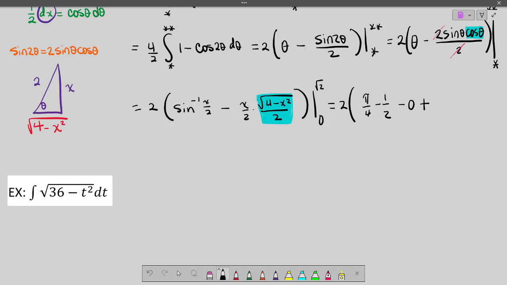We plug in 0 right here, and plugging in 0 there, we're going to get 0 because we're going to have a multiplicative factor of 0 there, so that'll be 0 also. So this 0 is not contributing anything down there. So our final answer is going to be whatever this is, so pi over 2 minus 1.